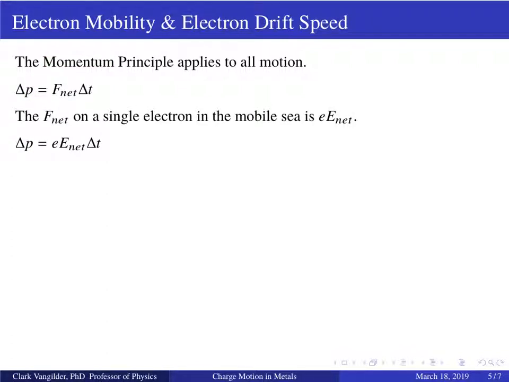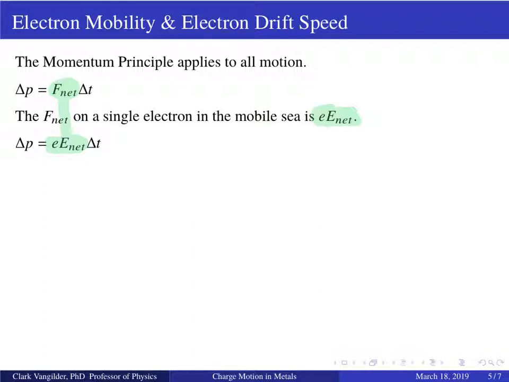Now, on a single electron, the net force is eE net. So we take net force and it becomes this in the context of what we're paying attention to, which is a free electron. The force on an electron, a charged particle, will be the fundamental charge times the electric field.